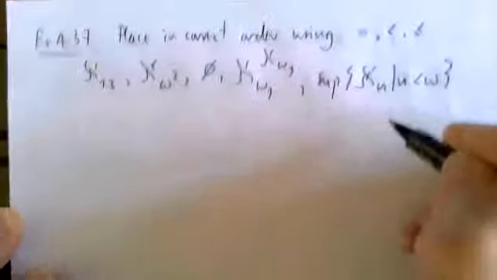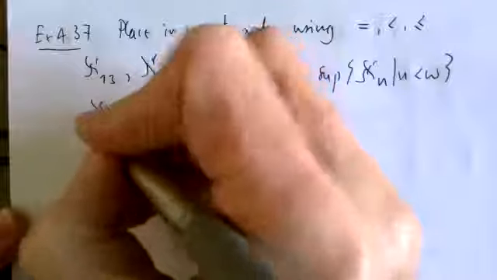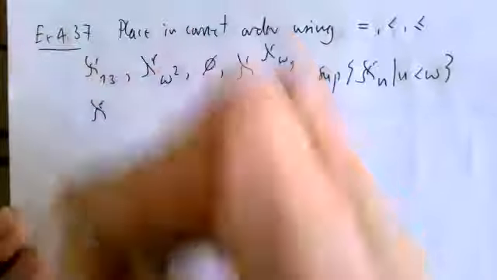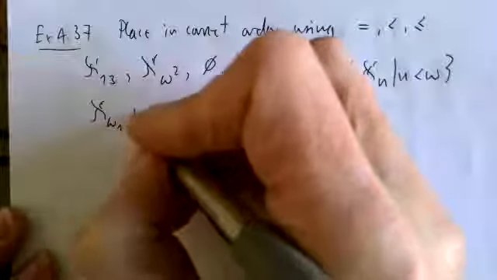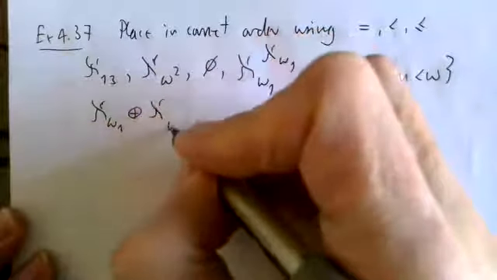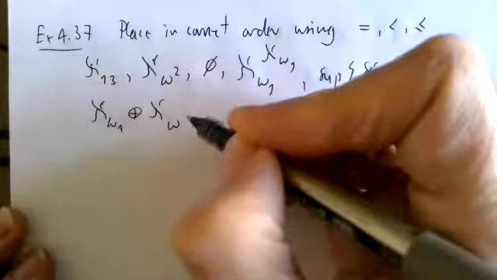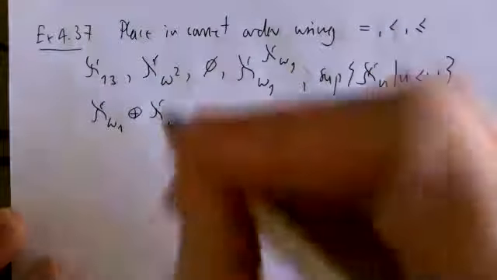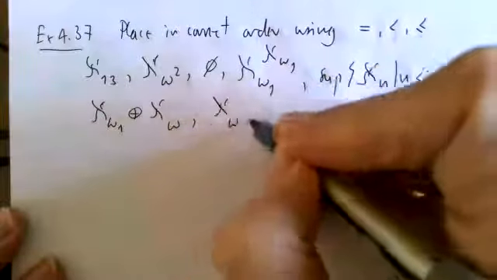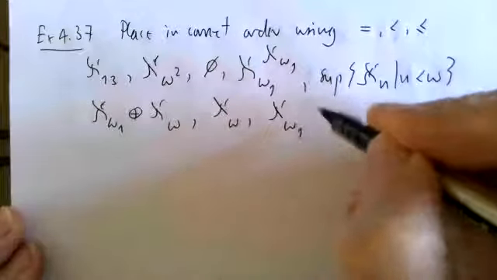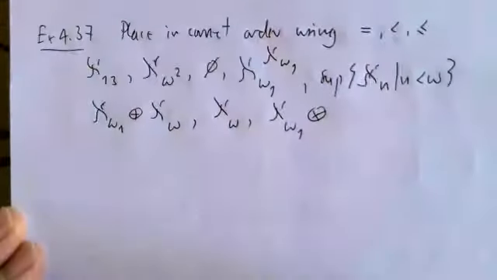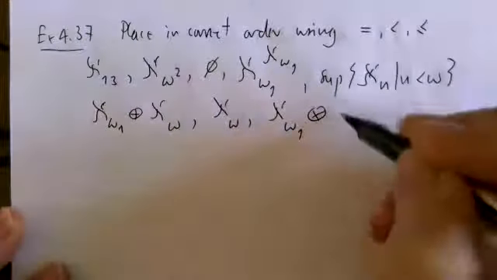Here, we've also quite a long list. Aleph omega 1 plus Aleph omega. Aleph omega 1 times Aleph omega 1.